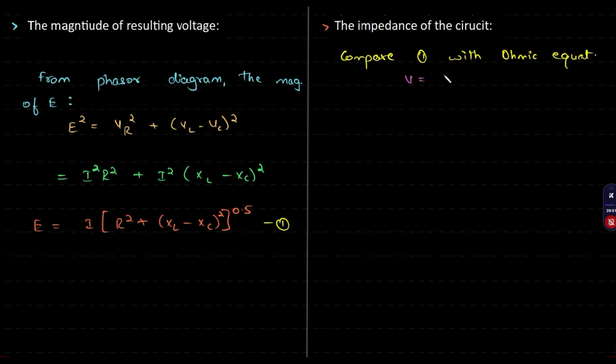So we have V is equal to I into R. So what is R in this case? Or sorry, Z. That's how we represent, right? So it will be R square plus XL minus XC the whole square, whole to the power of 0.5.